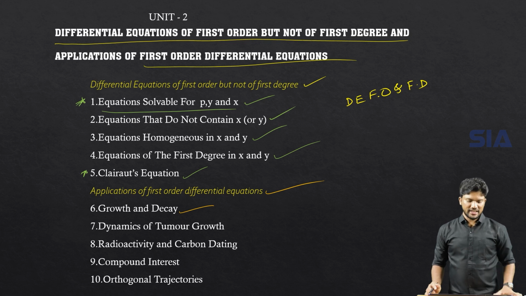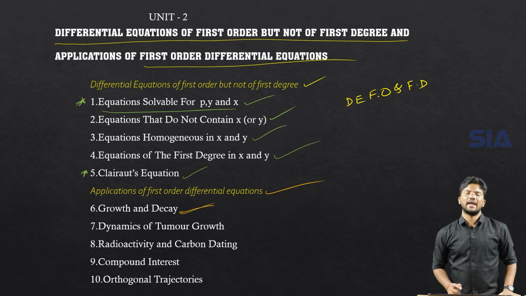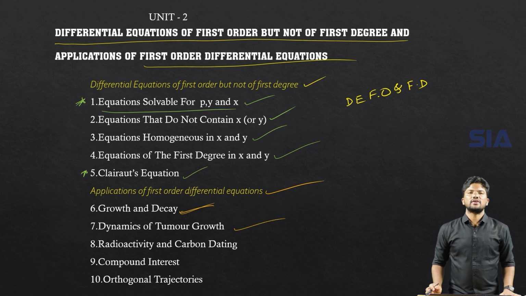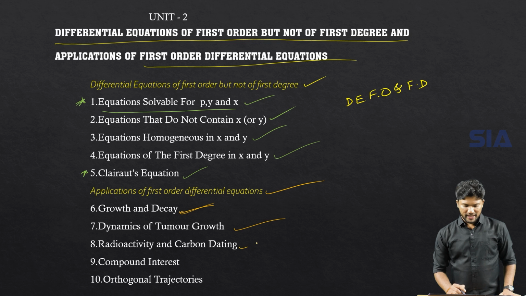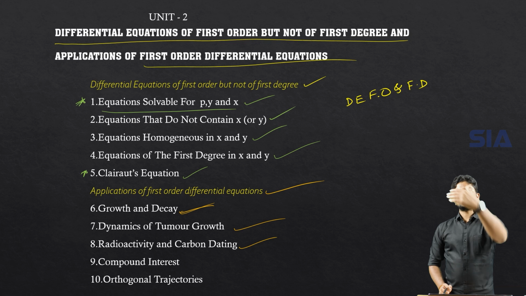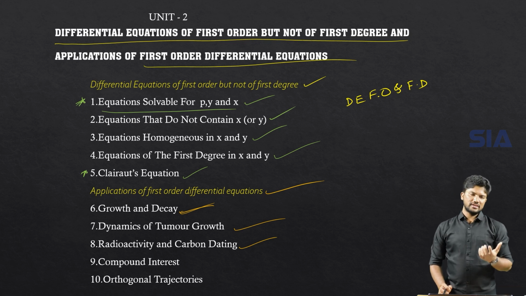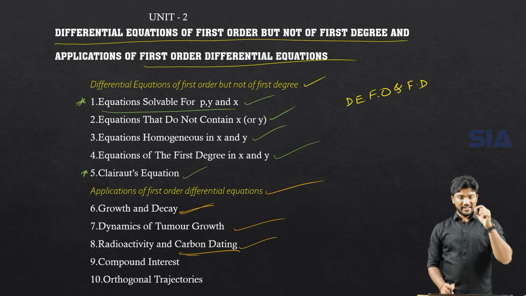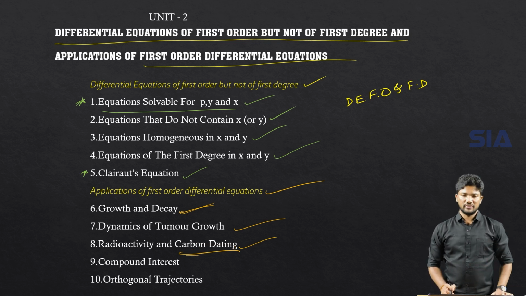The best examples are growth and decay of a function, dynamics of tumor growth, radioactivity and carbon dating. You know radioactive elements; we can estimate their age by using the famous method of carbon dating, which also uses applications of differential equations.